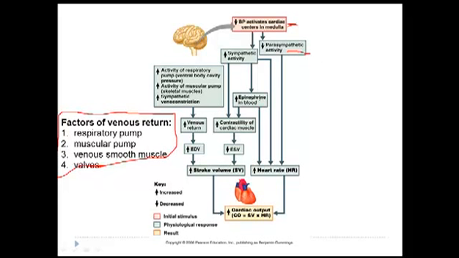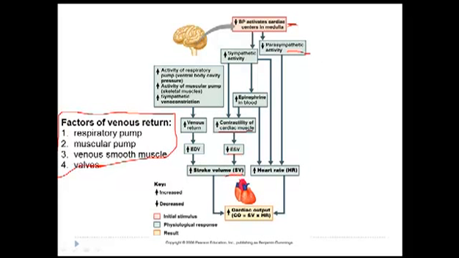Epinephrine would be a hormonal response, so that's going to be a little bit slower to start and it will last for a longer period of time. But once again, epinephrine is going to keep your heart rate increased. With the increased sympathetic activity, we will have increased contractility of the cardiac muscle, which means we will decrease our end systolic volume, which means we will increase the stroke volume.